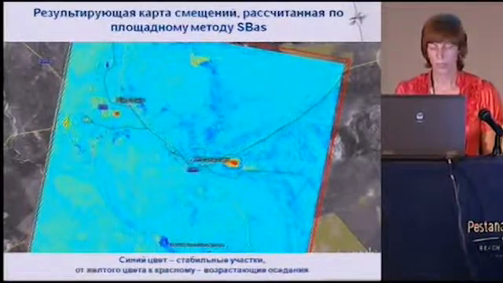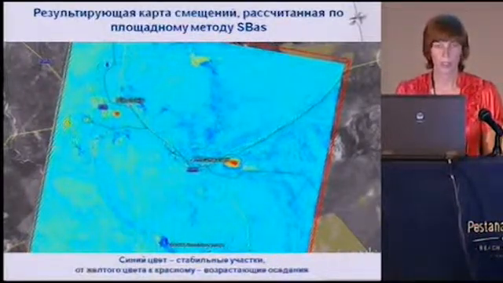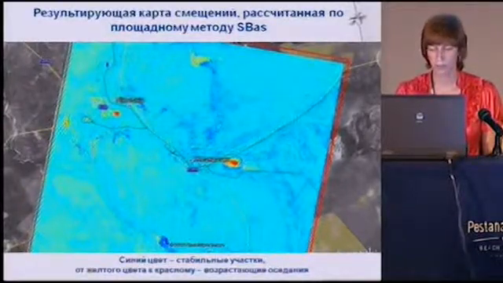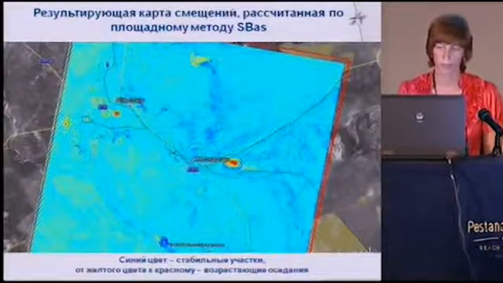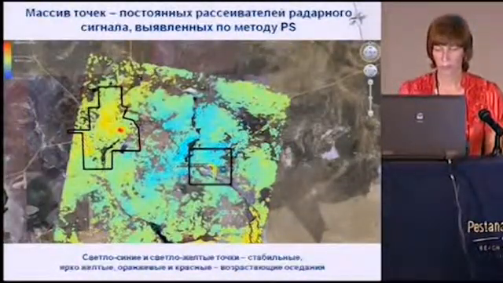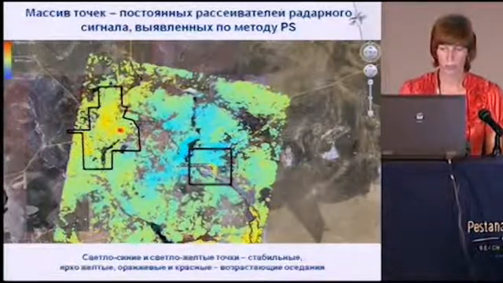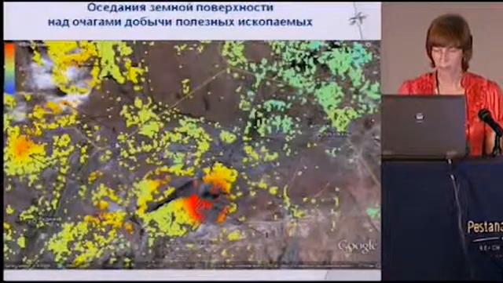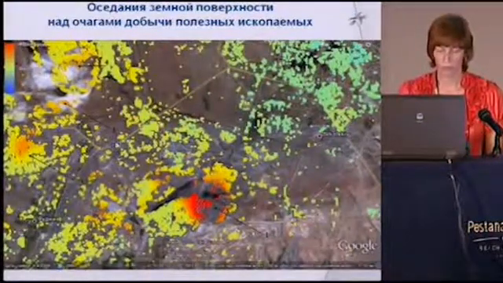This is the shift map, and the map showing where there are no shifts. So the red color indicates the highest level of subsidence on the surface. Another picture, the same color coding is used, but a different method for calculating subsidence was used.